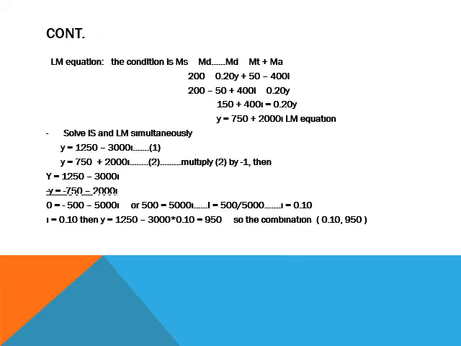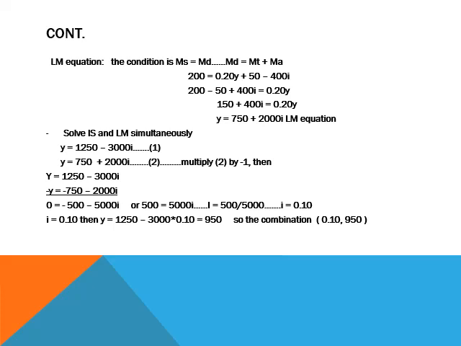Now we are moving to design the LM equation, or the equation of the market of money. The condition to design the LM equation is MS equals MD. Money supply should equal money demand.